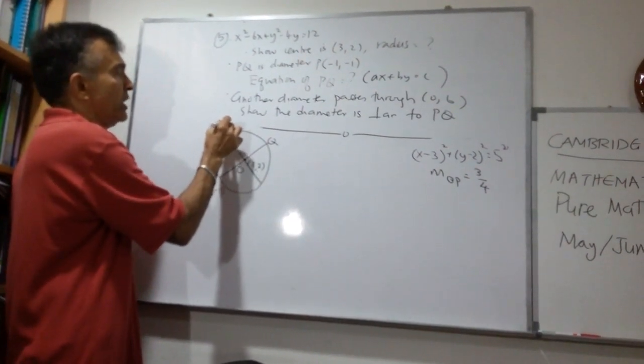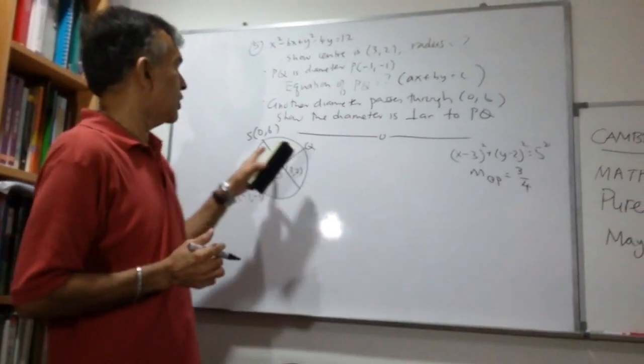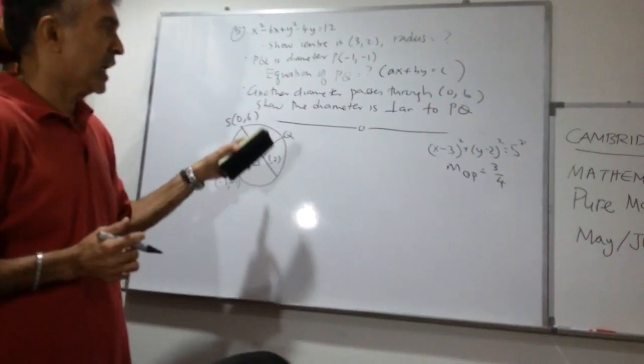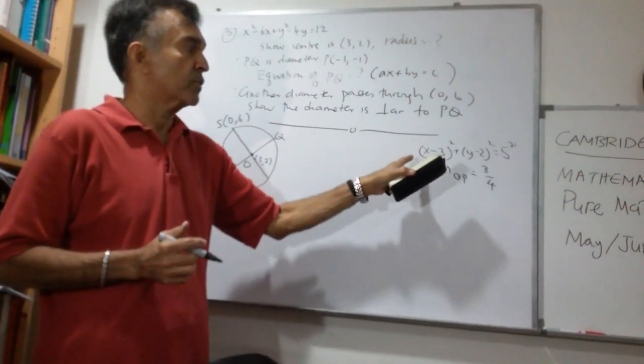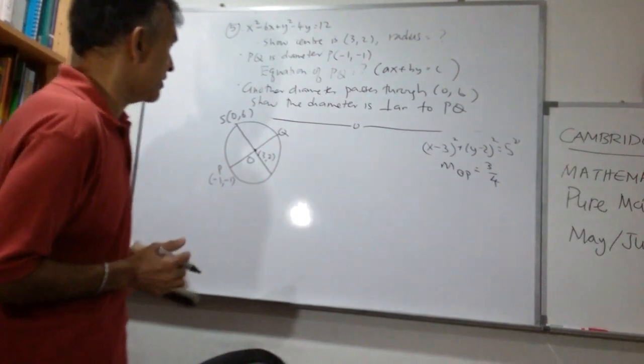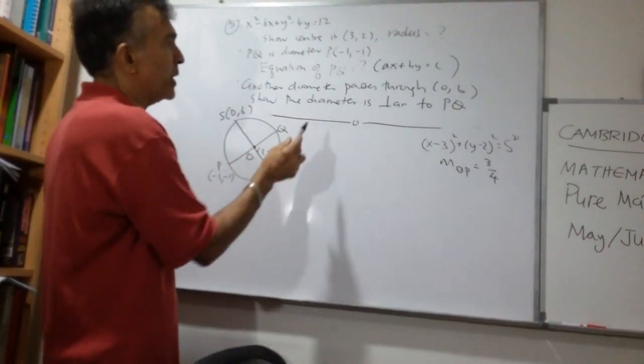Let me call that point S. I just made sure that S lies on the circle by making sure that it satisfies the equation of the circle. Great. So we have to show the diameter is perpendicular to PQ.